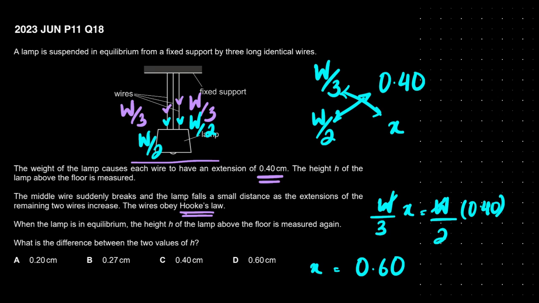Previously it was at 0.4, and now it's at 0.6. So how much does the extension increase by? So 0.6 minus 0.4, that's 0.2 centimeters.